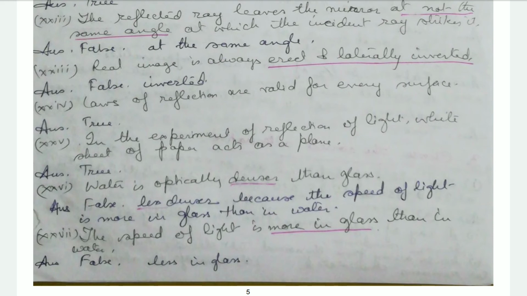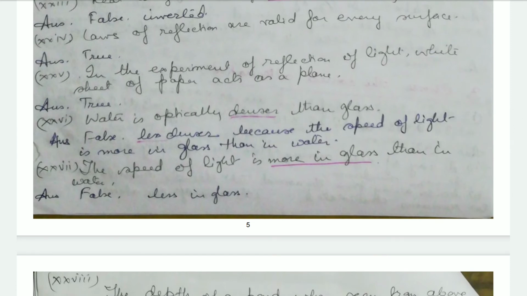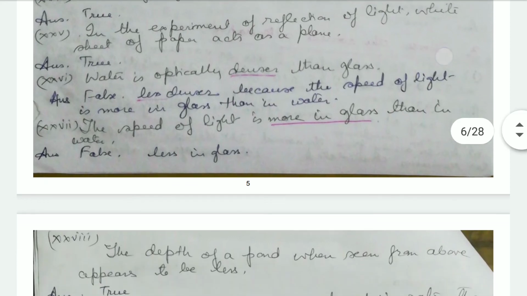In the experiment of reflection of light, a white sheet of paper acts as a plane. That's true. Water is optically denser than glass. That's false. It is less dense, because the speed of light is more in water than in glass. The speed of light is more in glass than in water. That's false.